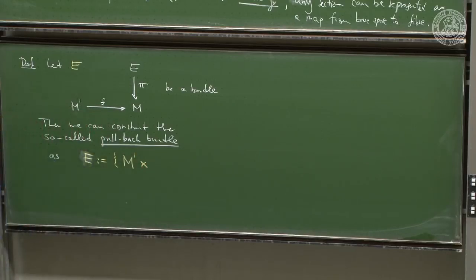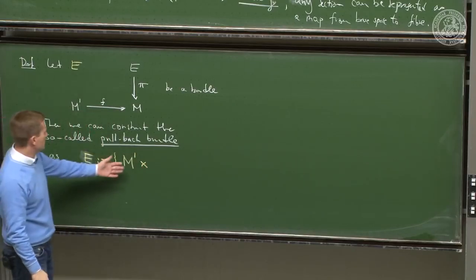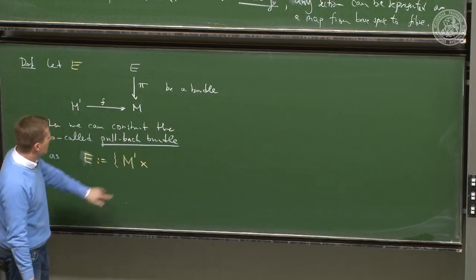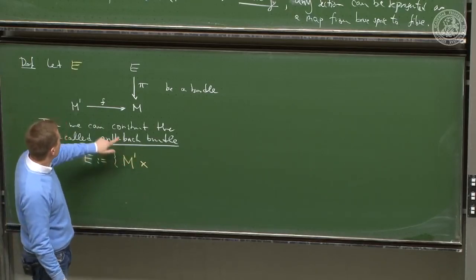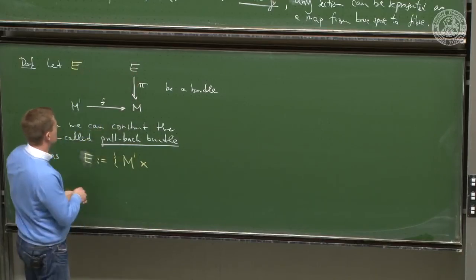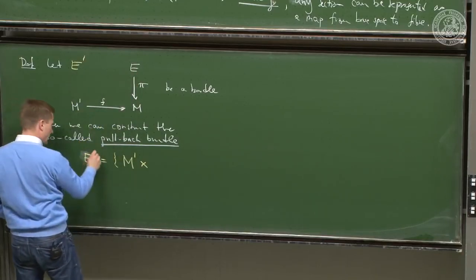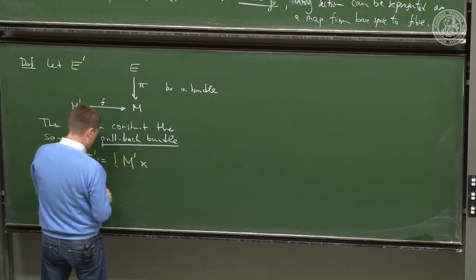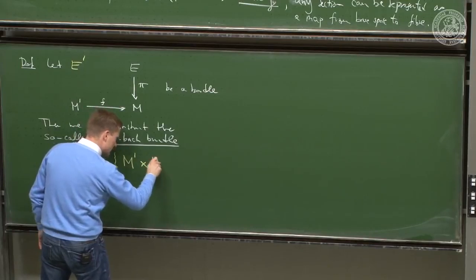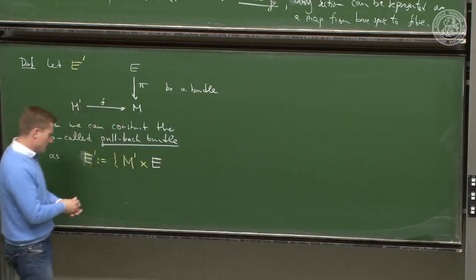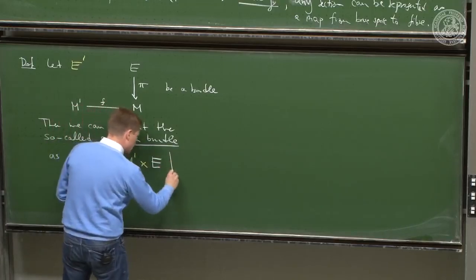Now maybe you get suspicious because you say, oh, so the pullback bundle is going to be a product bundle because I write cross. Well, but I cross it not with some fiber, but with the entire total space E of the original bundle. It's huge. But then I impose a restriction.